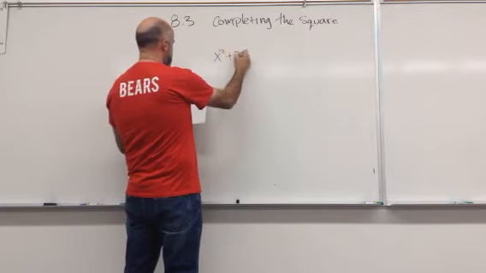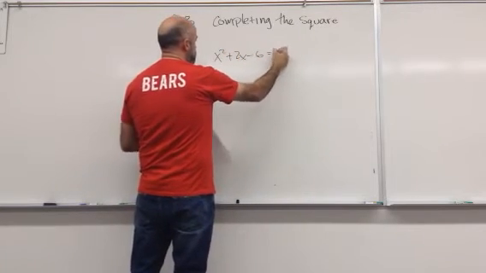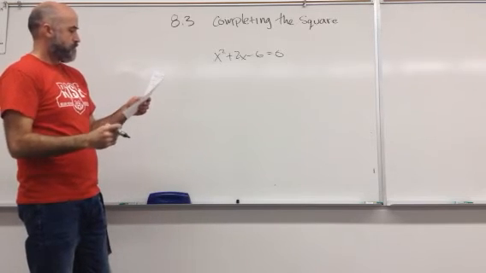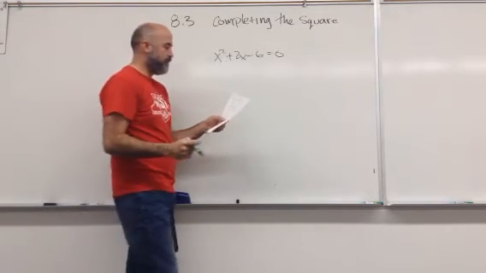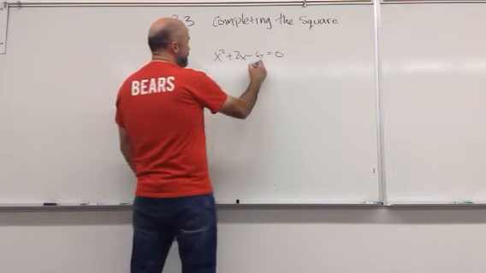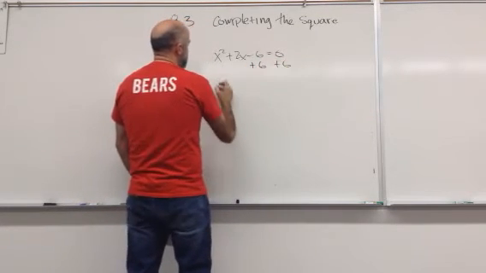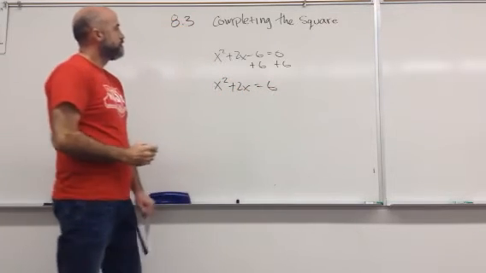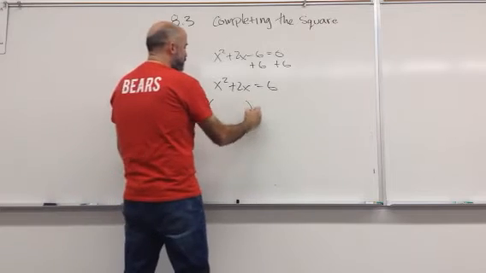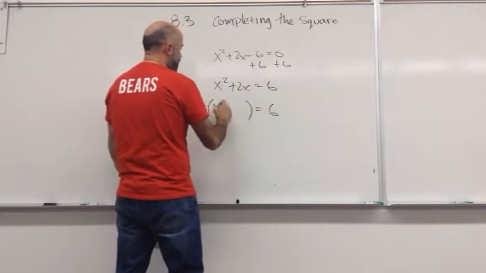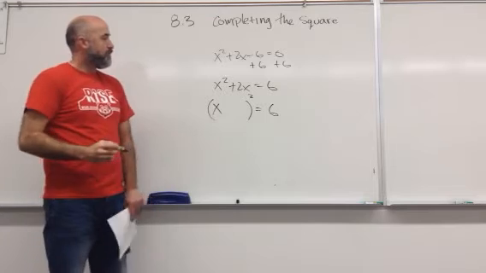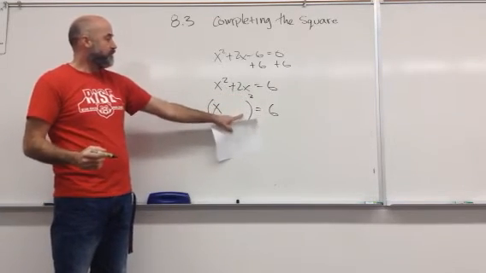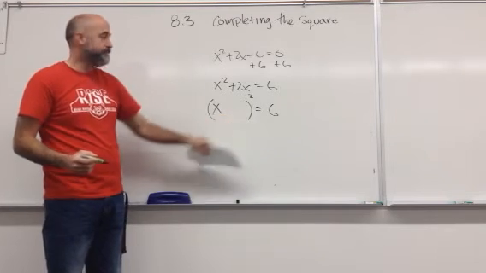X squared plus 2x minus 6 equals 0. This is actually example 3. Add 6 to both sides. X squared plus 2x equals 6. Okay, now parentheses, and x squared. B is 2. I do b over 2.